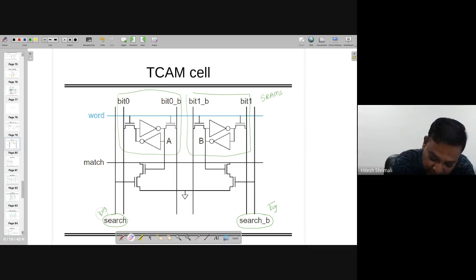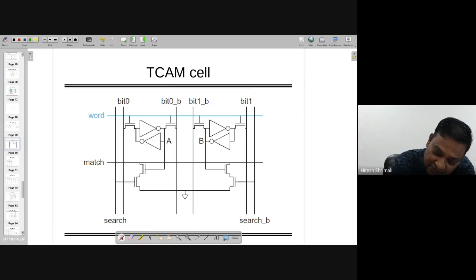Now let's understand one thing: there are two signals which are easily visible here, which I'm calling A and B. In A and B there are four possibilities: both are 0, one of them is 1, and both are 1.